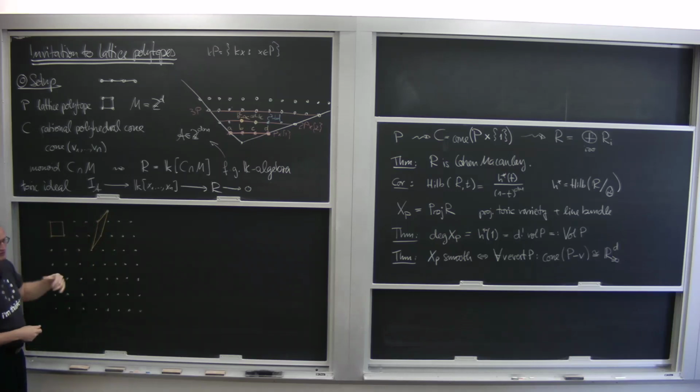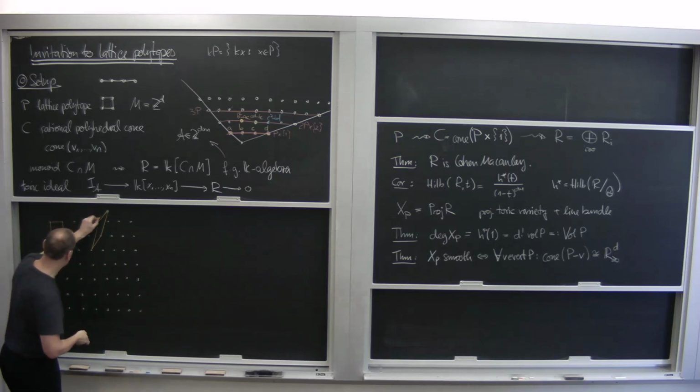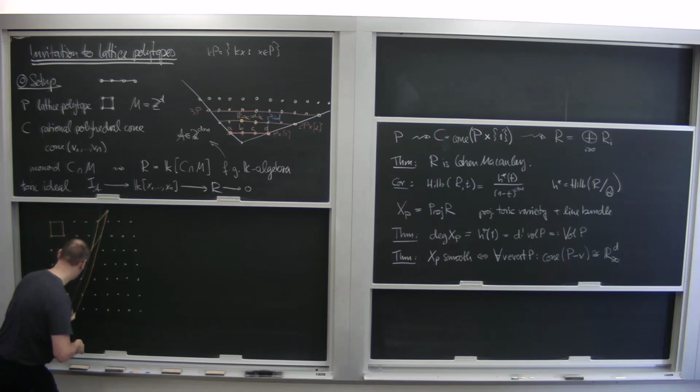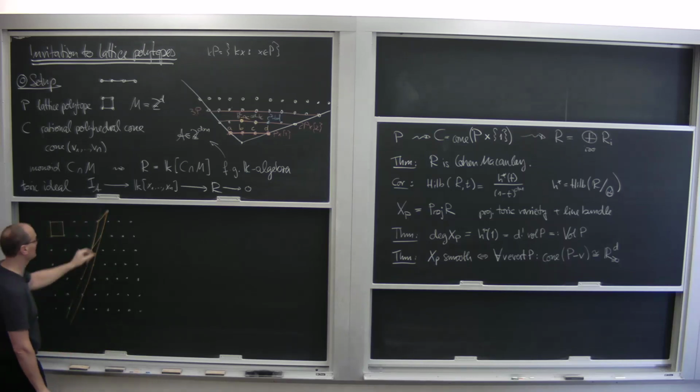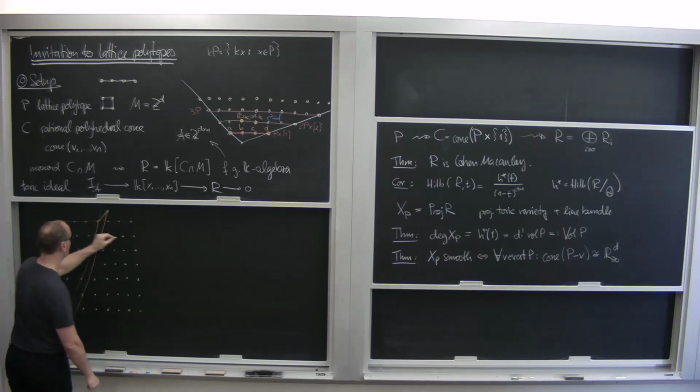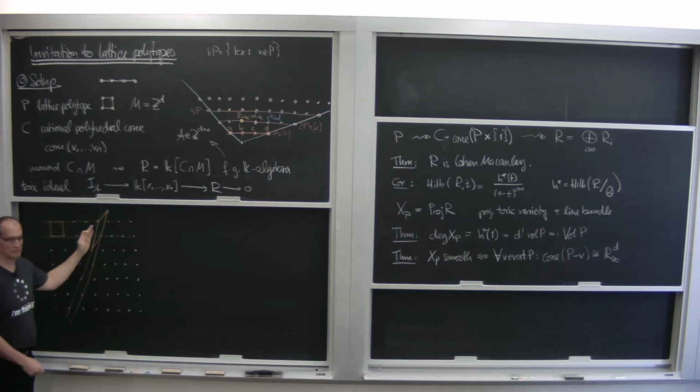So really, my distance is always normalized so that the smallest lattice step is distance 1. And similarly, these two hyperplanes here are the same distance apart as these two. There are no lattice points between them.